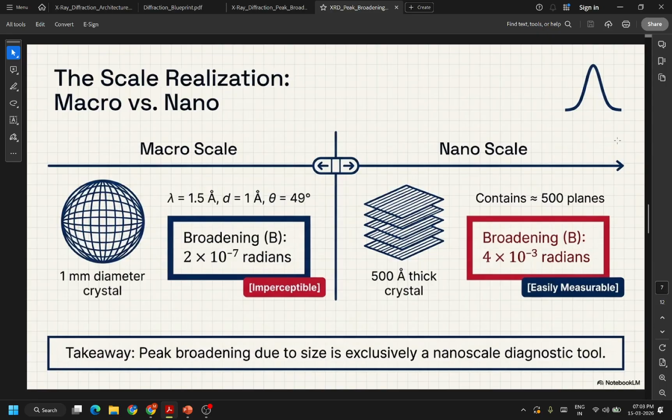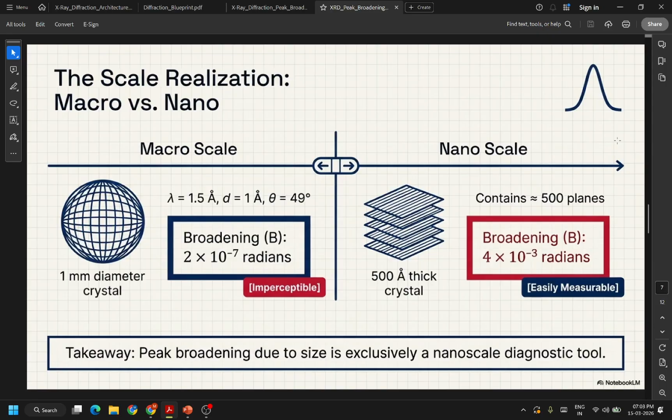So peak broadening due to size is exclusively a nanoscale diagnostic tool. If you have very small crystals in the nanoscale, only then can you use this peak broadening method to calculate size. For very large crystal diameters, the broadening due to size is very small. There will still be broadening, but it will be due to other factors, not size, like the instrument.